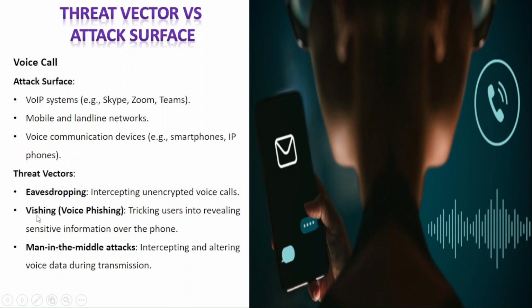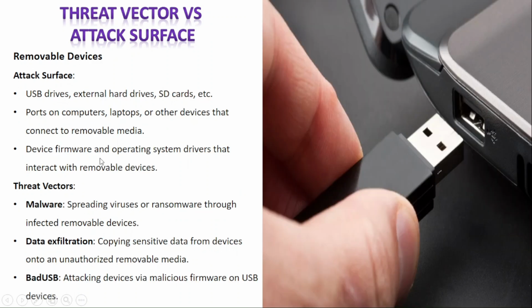Now we have vishing, that is voice phishing, tricking users into revealing sensitive information over the phone. And then the man in the middle attack, as is the case with eavesdropping, intercepting and altering voice data during transmission. The attacker can only intercept and listen to the conversation, or can also alter the voice data and then transmit it.